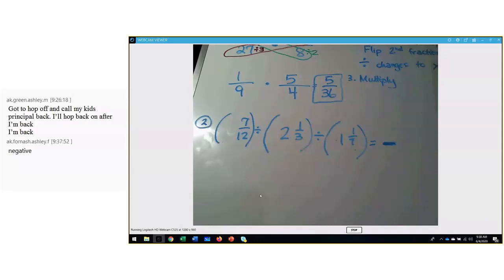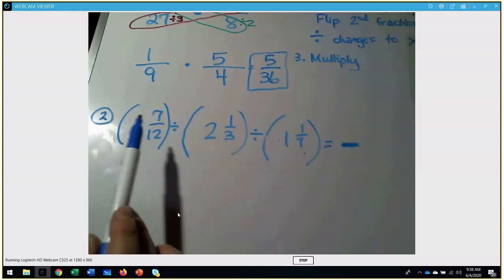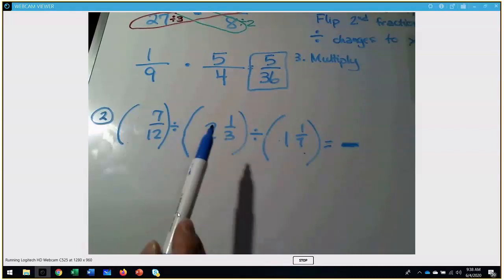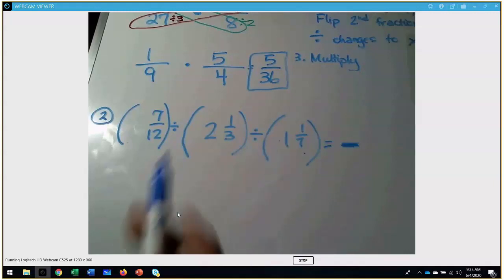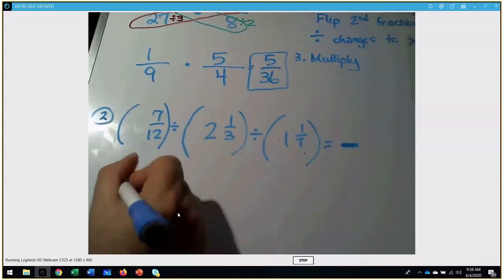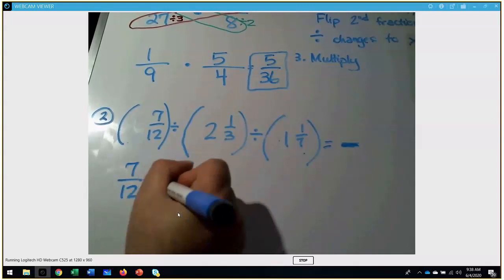All right, next, I'm going to deal with the fractions. So any mixed numbers that I have, which I have 2 here, one here, I'm going to change them first. Let's deal with that. So 7 over 12 is proper.